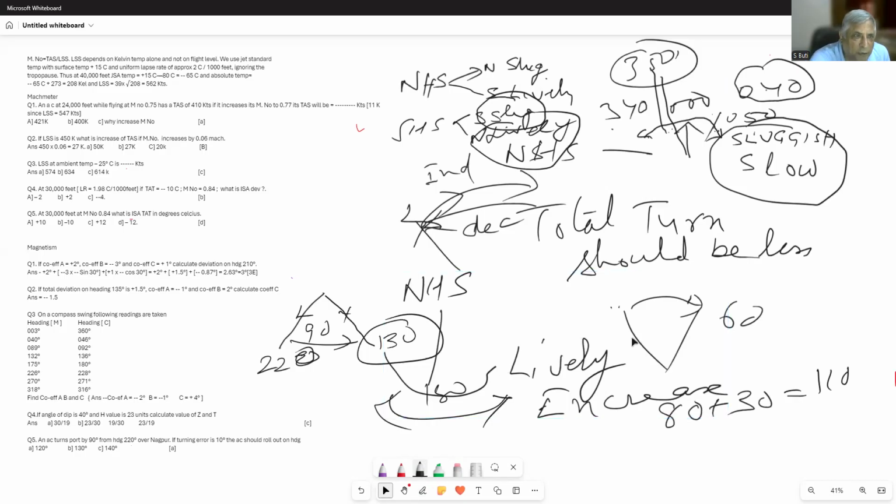If he gets arrested, you too will be. Do not try any shortcuts in aviation. Be honest to yourself. Appear in every exam properly. And remember, you are a pilot and not the so-called Munna Bhai. Good luck. All the best.